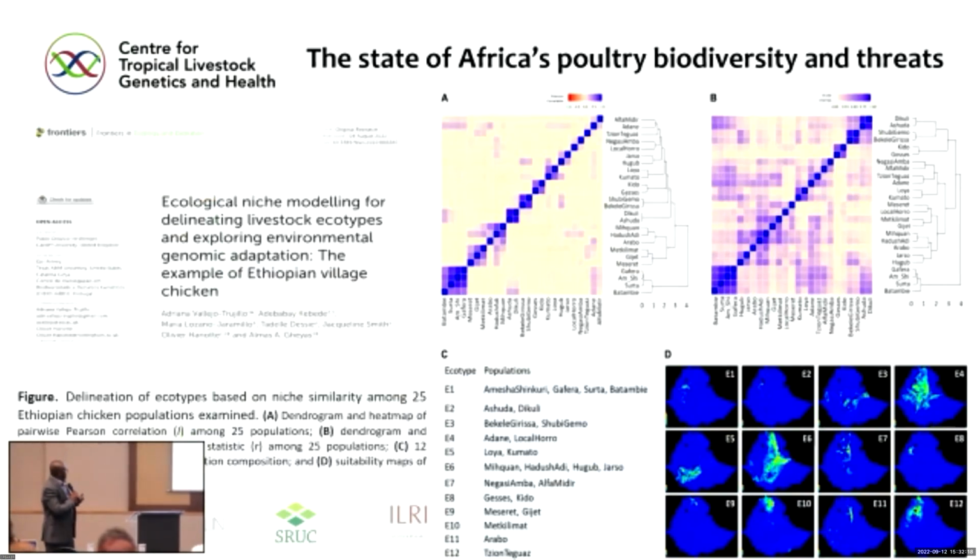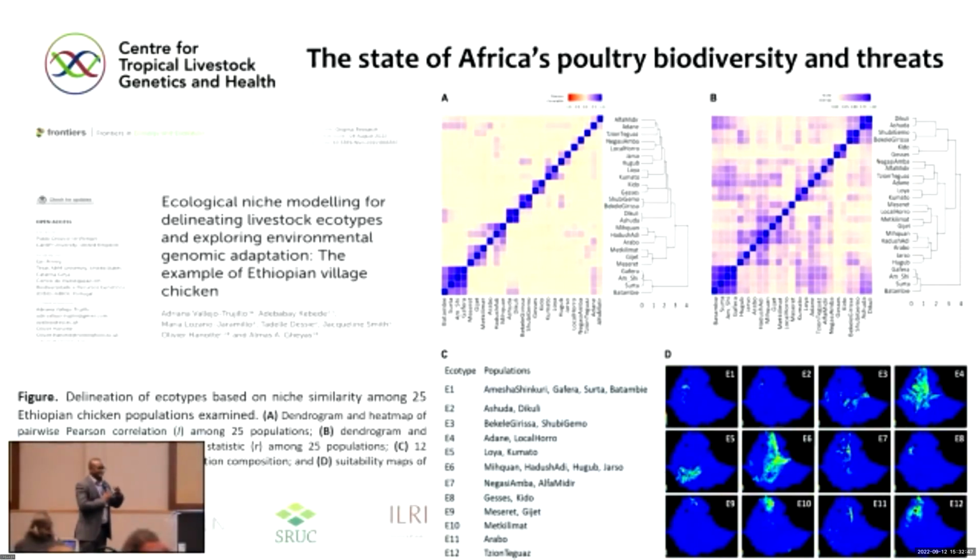So when we consider what I'm saying regarding the adaptability of chicken to agroecological zones, you can see some of the work done by our colleagues, led by Almas and Tadele and Olivier and others, how in Ethiopia, for example, it's possible to have this ecological niche modeling to identify where we have some animals locally adapted and for which traits particularly, and see how in different agroecological zones it should be possible to target some of the traits which are really important in local production systems and see how we can sustain productivities in those areas.